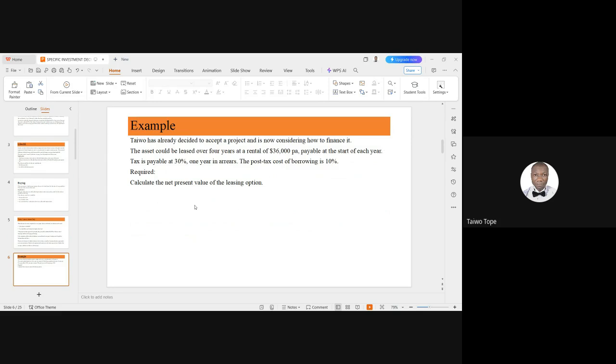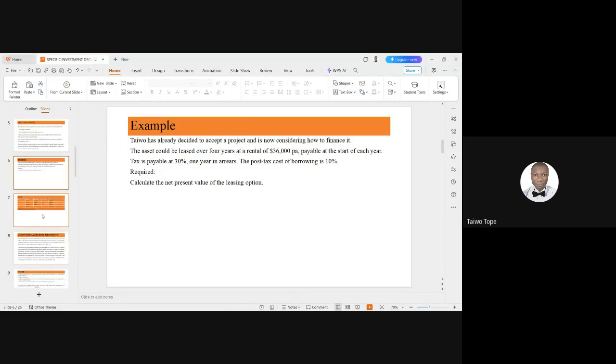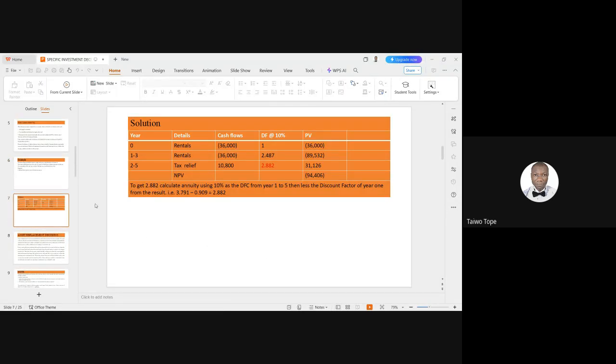So the point is, the discount factor, as given in the question, will be 10%. So this is the solution. For year 0, we have our rentals, because the rental is expected to be paid at the beginning of the year. So we start from year 0, 36,000. Discount factor for year 0 is 1, and the PV will be 36,000.